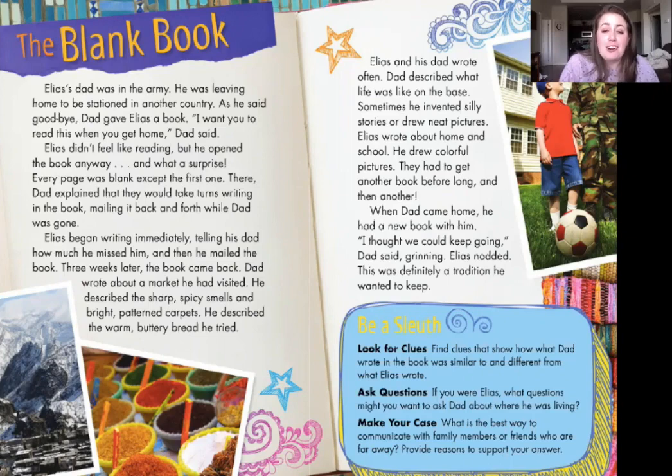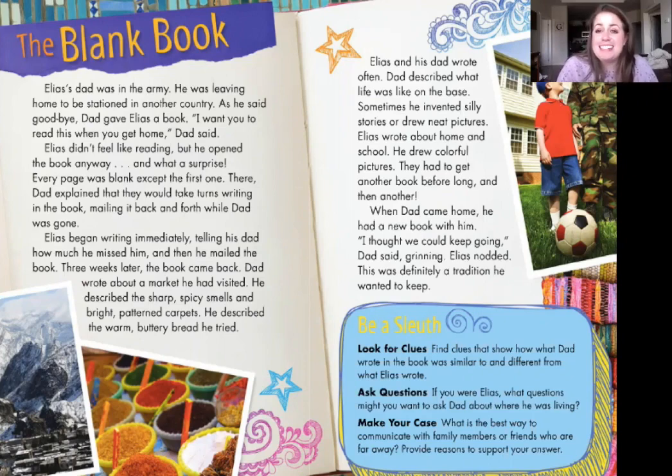3 weeks later, the book came back. Dad wrote about a market he had visited. He described the sharp, spicy smells and bright, patterned carpets. He described the warm, buttery bread he tried. Elias and his dad wrote often. Dad described what life was like on the base.